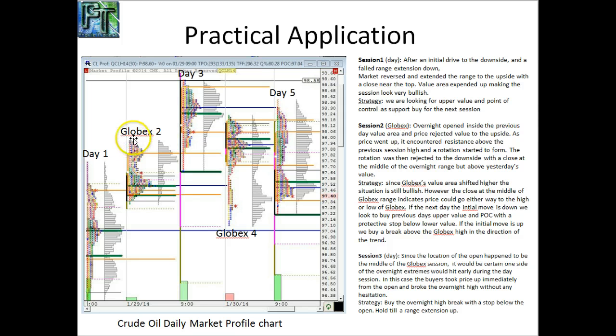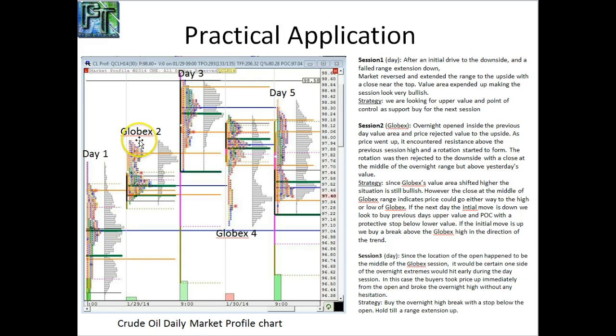I would like to go with a break of the overnight high, especially if you learn the kind of open that you are analyzing. This open was absolutely without any hesitation to the upside. This was an indication that the buyer didn't even hesitate a second to buy the open of day 3.